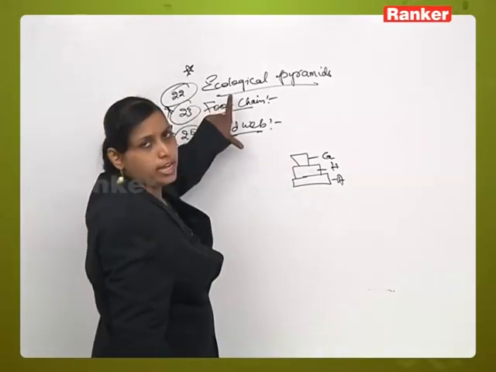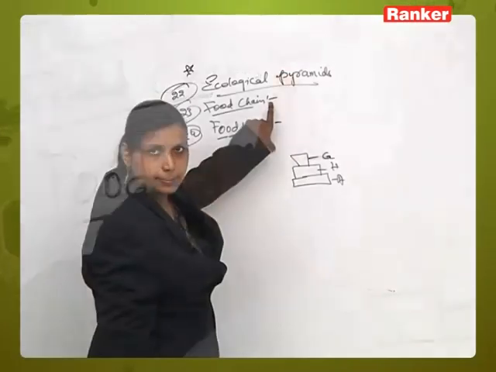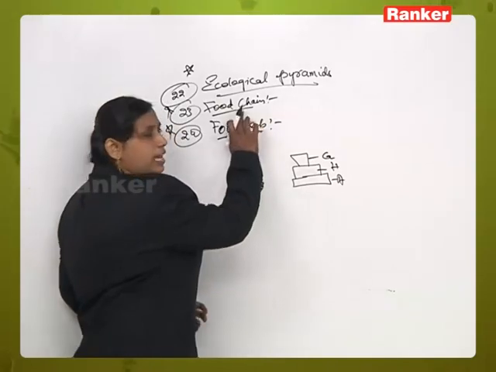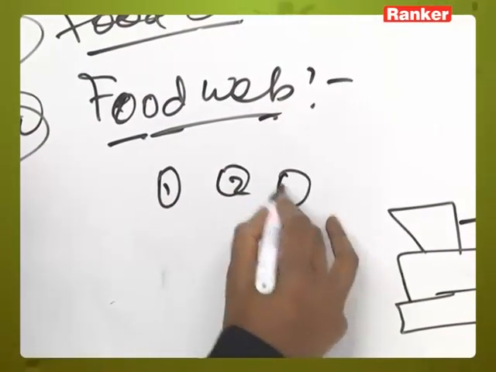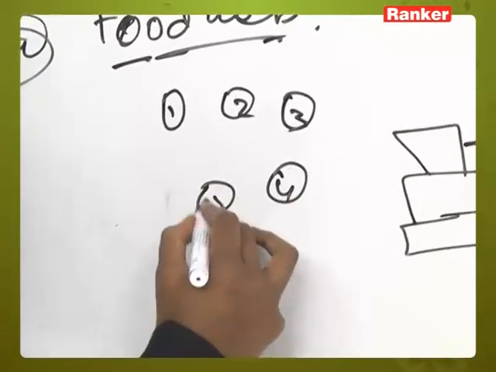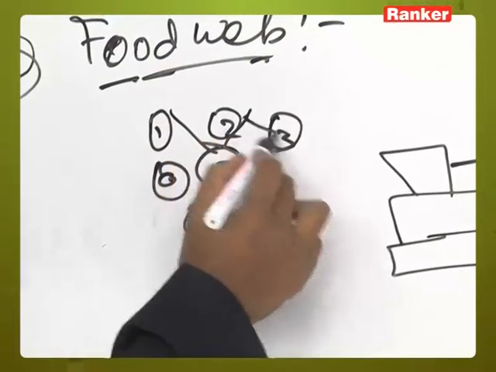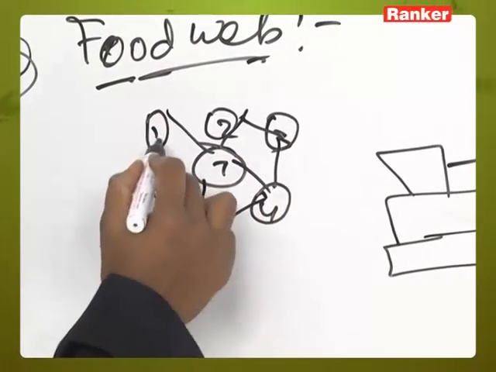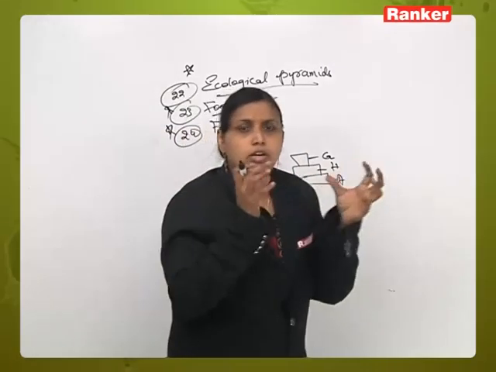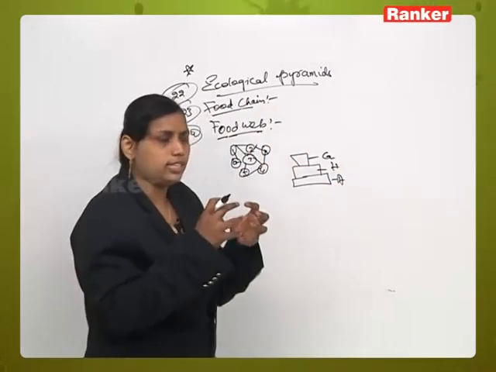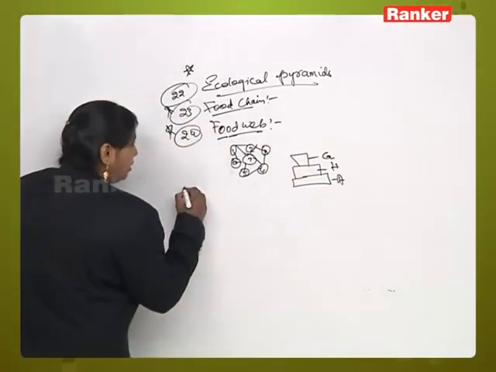So there is the grazing food chain, the parasitic food chain, and different types of food chains: food chain 1, 2, 3, 4, 5, 6, 7. Suppose these all are food chains. These are interlocked and connected and ultimately give the pattern of a web. So a bunch of food chains interlocked together and forming a pattern is called a food web.